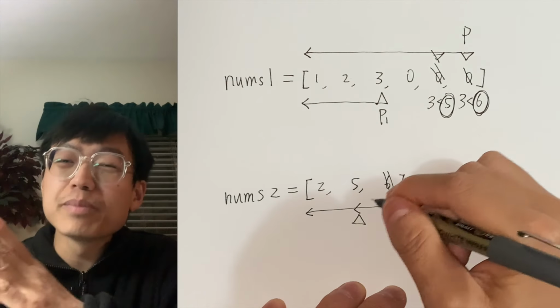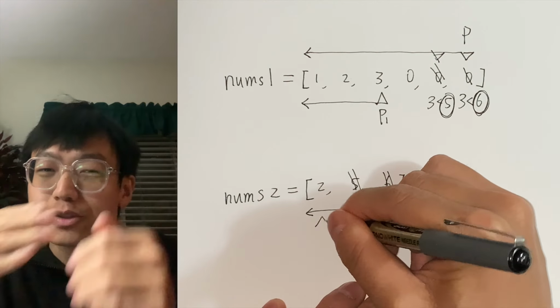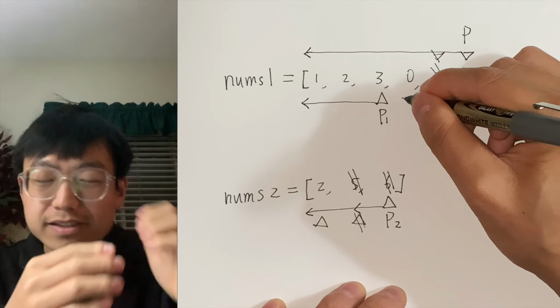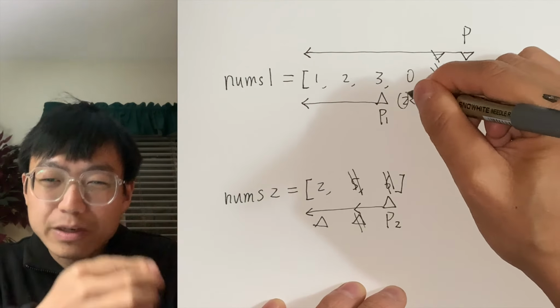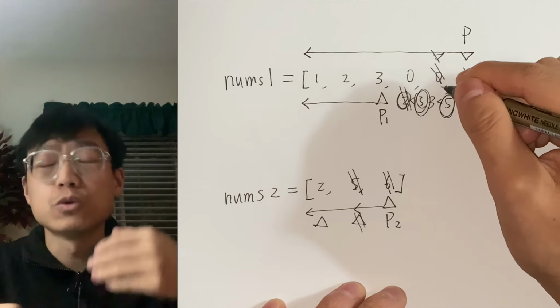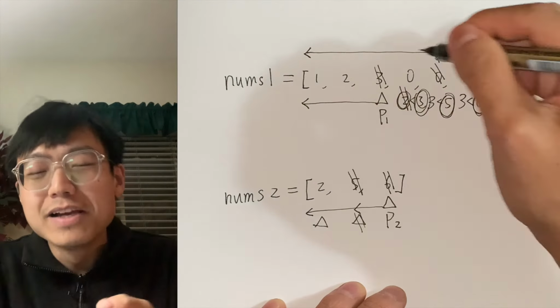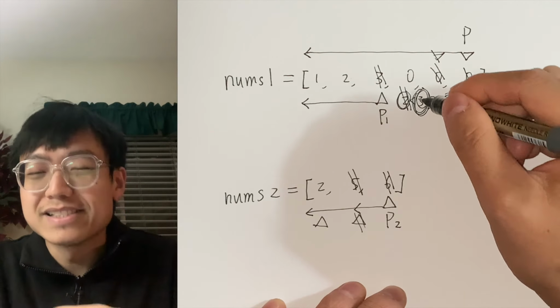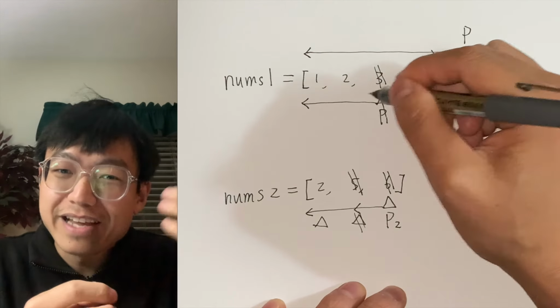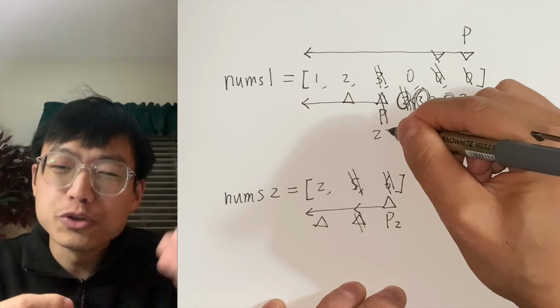So P moves backward through the array. Each time we compare the elements at P1 and P2, and the bigger one gets to write its value. So the time complexity is still O of n plus m, the same as approach 2.